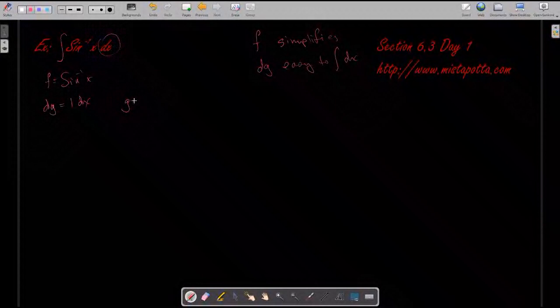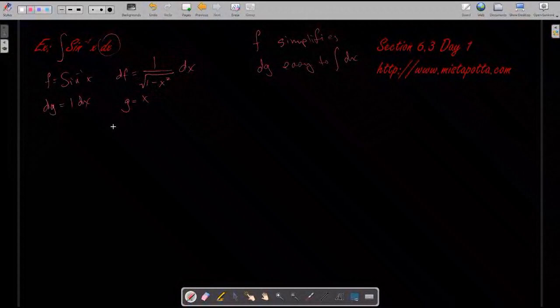And I can take the derivative of sine inverse, and I end up with 1 over radical 1 minus x squared dx.